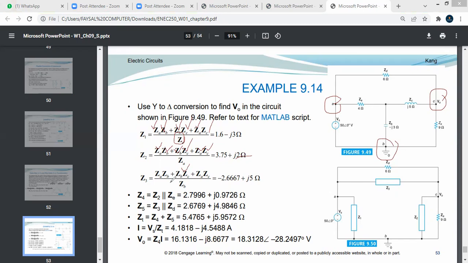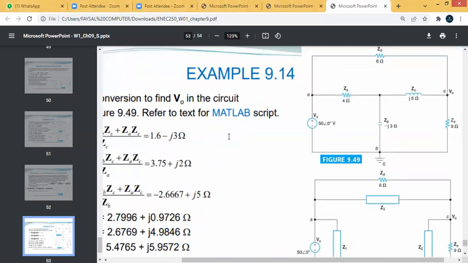After the complication, we just find the parallel impedances. So Z4 will be equal to what? Z4 equals Z2, which is parallel to ZE. Just give me one second, I have to zoom it.